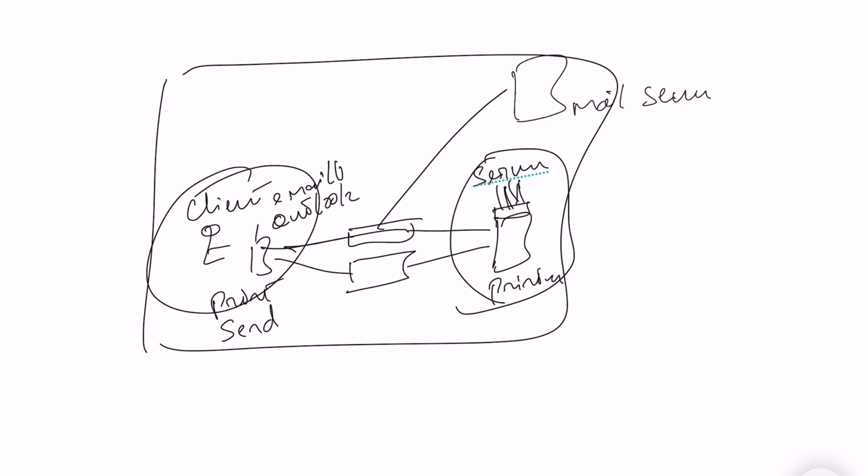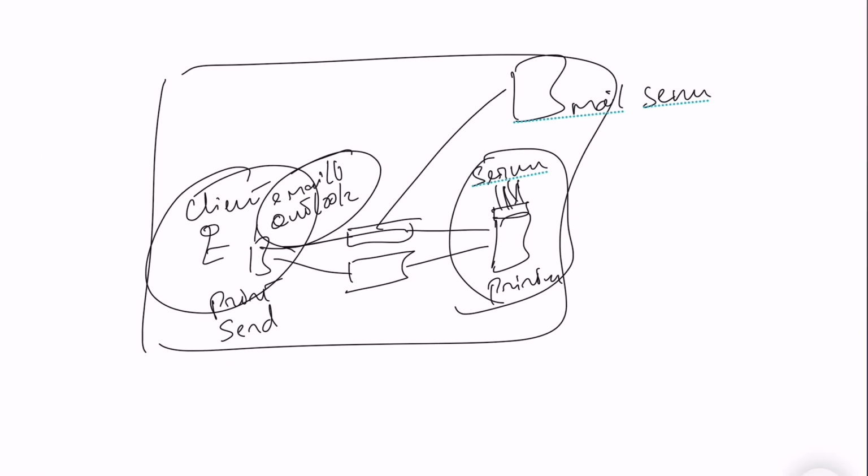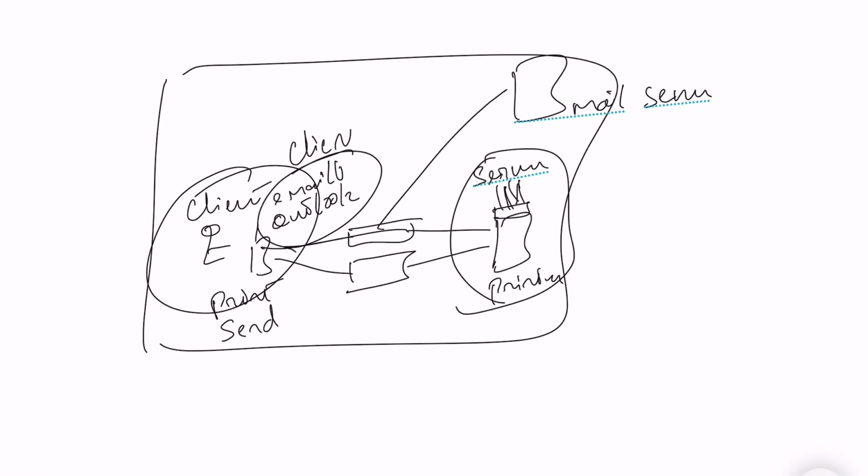This can be internal to your organization or external also. If you're accessing Gmail or Yahoo Mail or some external mail provider, then this server will not be within your office, it will be somewhere outside. So in this case also, your email Outlook is acting like a client, and your mail server is acting like a server. So these are the basics of client server architecture.